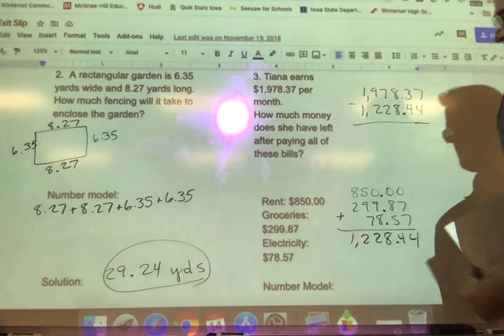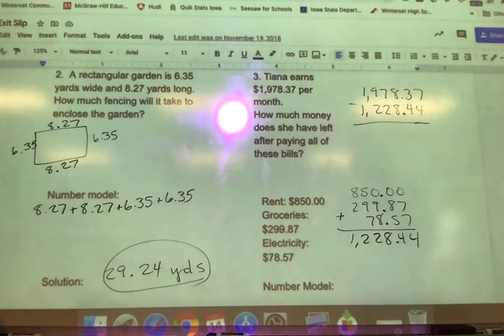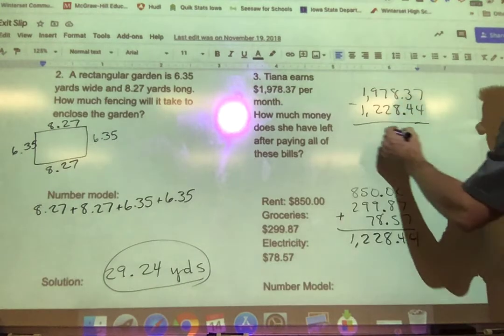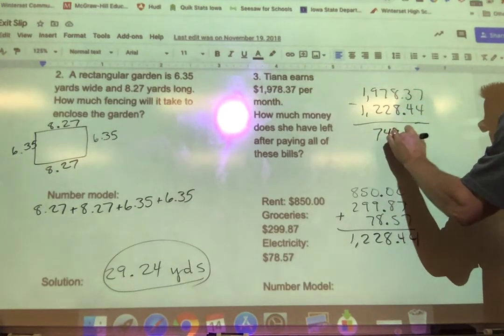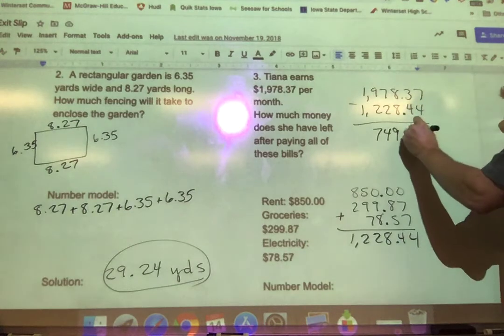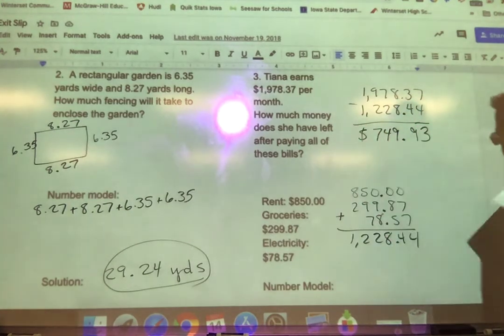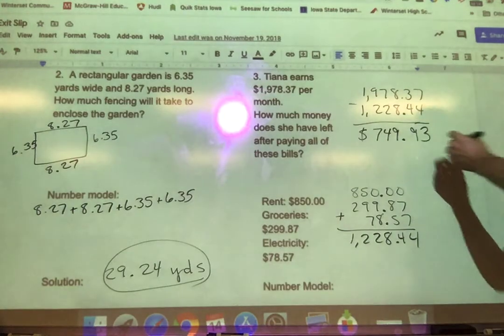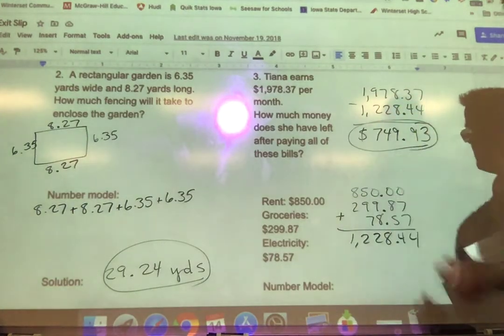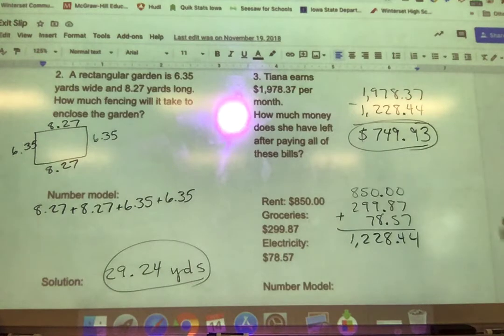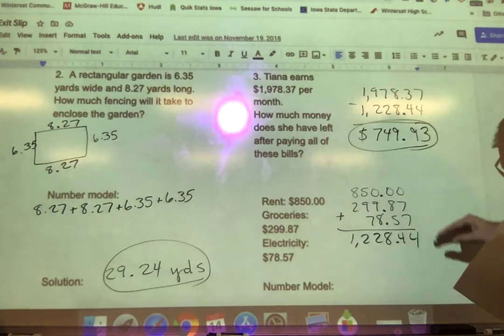Okay, when I subtract those by decomposing units of higher value when I need to, you should come up with an answer of $749. And again, I'm not going to do the work here just for time's sake, but you're going to get $749.93 is the answer that we're looking for here. So you guys can practice and make sure you get that when you're getting these lined up and written here.